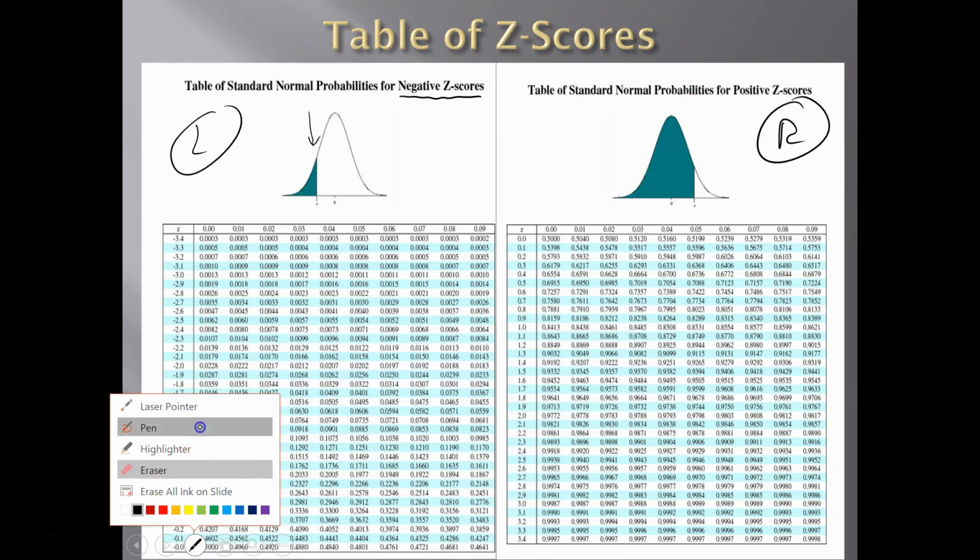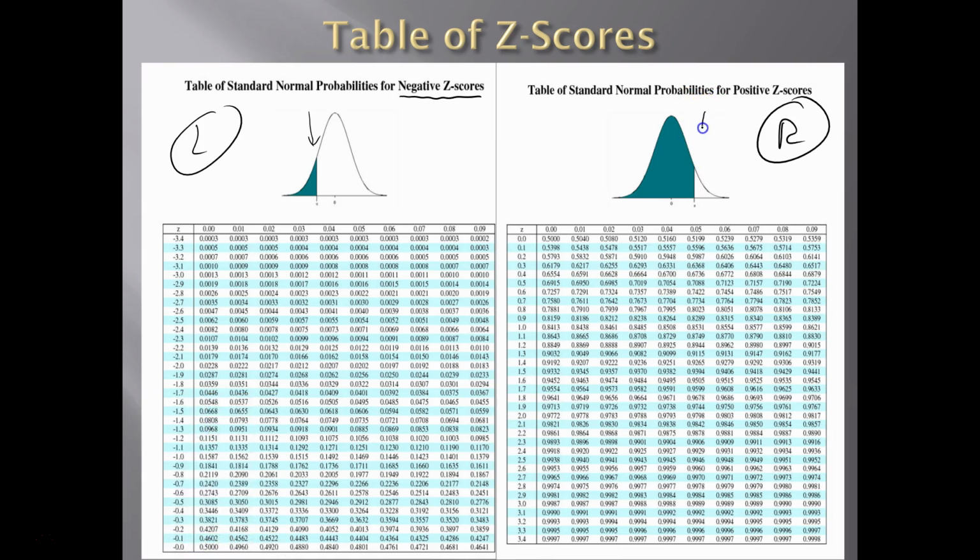Now let's look at this line right here. That's to the right of the top of the bell curve, so whatever number it is, it's bigger than the mean. Any number bigger than the mean will have a positive z-score.